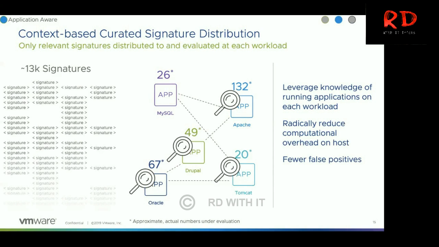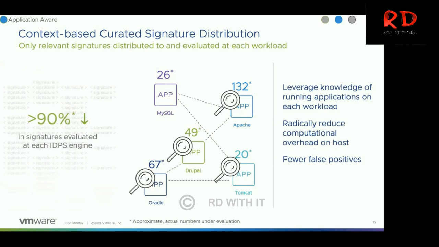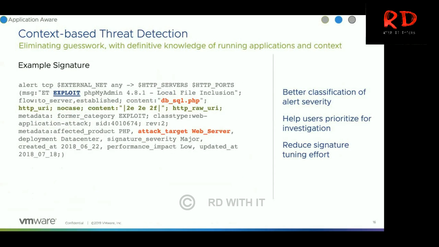Because we can say, okay, right now for MySQL, there could be like 25 or 30 signatures that are relevant. So then why don't we just inspect just those relevant signatures, which is what we're doing. So you get a massive reduction in the overhead in terms of what needs to be assessed, and of course the performance. There are performance benefits of doing this.